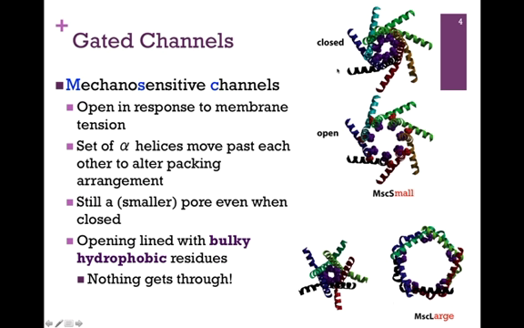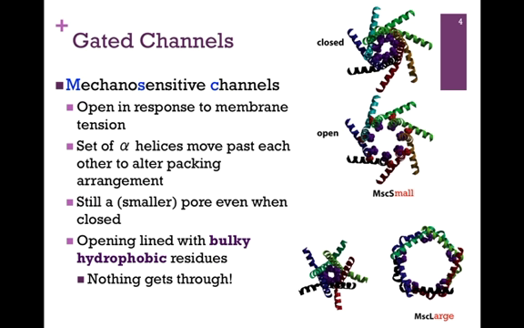On the top illustration we have the closed conformation at the uppermost portion of our screen, and below that the open conformation. You'll notice in the open conformation the size of the channel will allow the transport of the molecule. As those alpha helices move, however, we contract that pore to a smaller area. However, we can only move and compress those alpha helices so much.